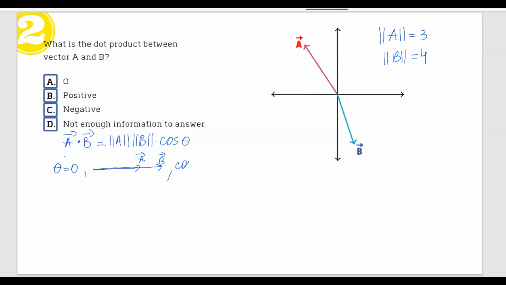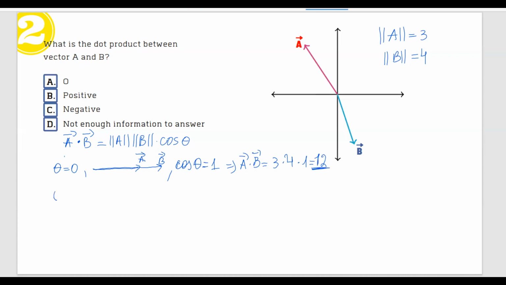That means cosine of theta equals cosine of 0 equals 1, right? So A dot B is equal to the magnitude of A, which is 3, times the magnitude of B, which is 4, times cosine of 0, which is 1. So I get 3 times 4, which is 12.